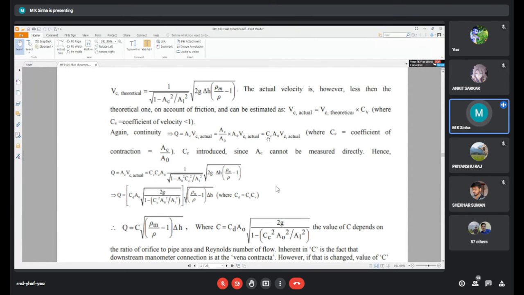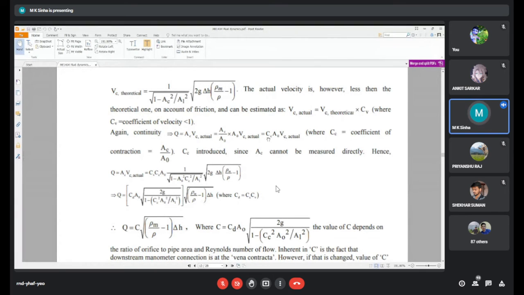So the coefficient of contraction is nothing but the area at the contraction point divided by the minimum area. Since AC cannot be measured directly, it depends on the flow and the system, maybe how far it is from A naught.